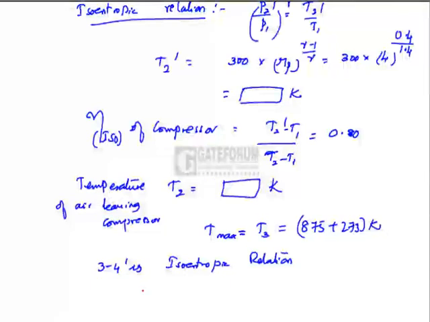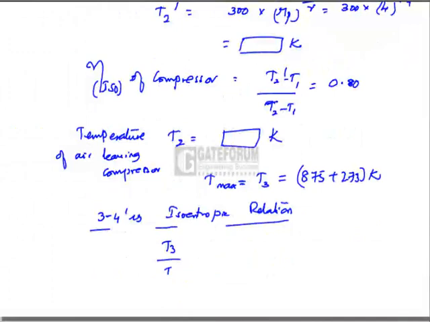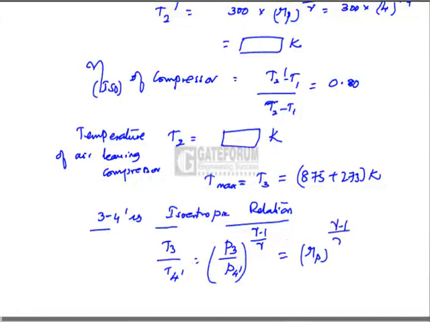Therefore, we can use the isentropic relation, that is T3 by T4 dash is equal to (P3 by P4 dash) whole power gamma minus 1 by gamma, that is equal to Rp to the power of gamma minus 1 by gamma.